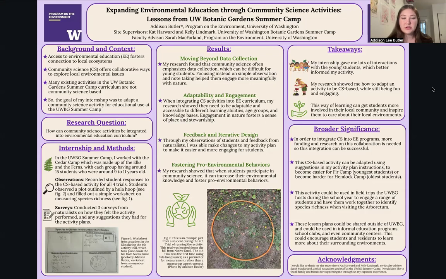So I had four main results. First, my research showed that community science often emphasizes data collection, which can be difficult for young students, as I found, and focusing instead on simple observation and note taking helps them engage more meaningfully with nature in these activities. Second, when integrating CS activities into EE curriculum, my research showed they need to be adaptable and accessible to different learning abilities, age groups, and knowledge bases, as engagement in nature fosters a sense of place and stewardship with these kids.